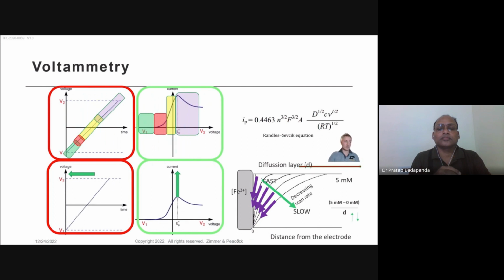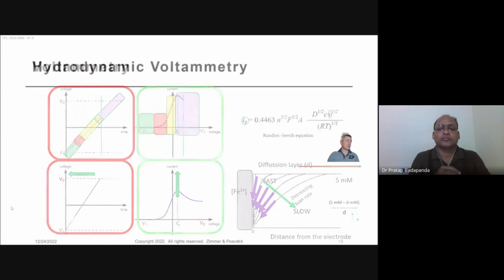It's quite a simple equation once you understand what all the terms are, but knowing the equation doesn't necessarily give you an understanding of what's actually going on. Once you have that understanding, you can see where the terms come from. And as I say, current is proportional to the square root of the scan rate.